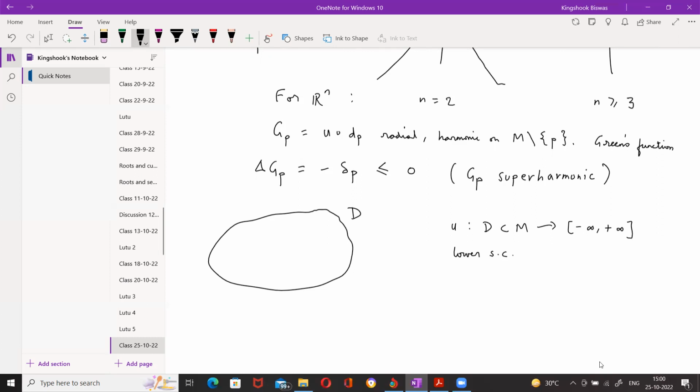So that means that u(x) is less than or equal to the limit of u(y) as y tends to x.